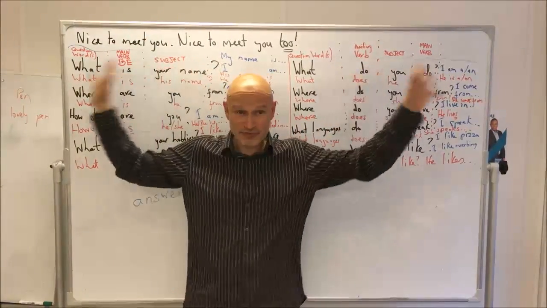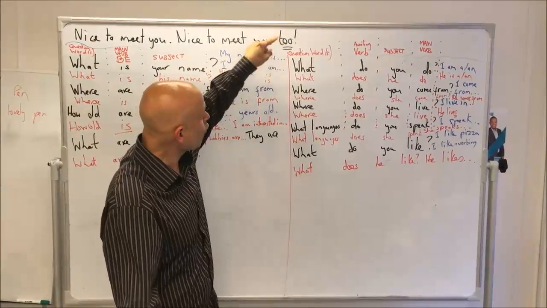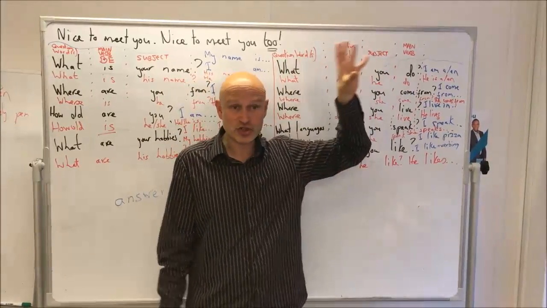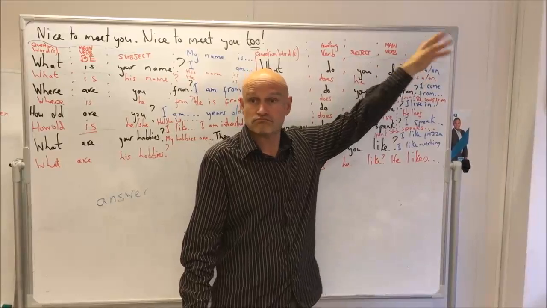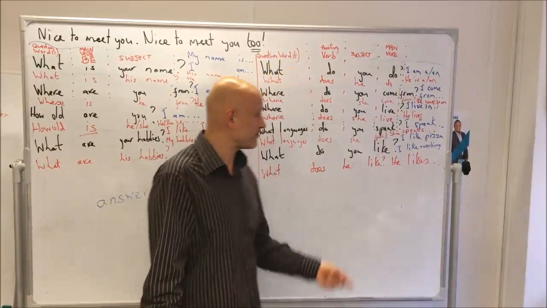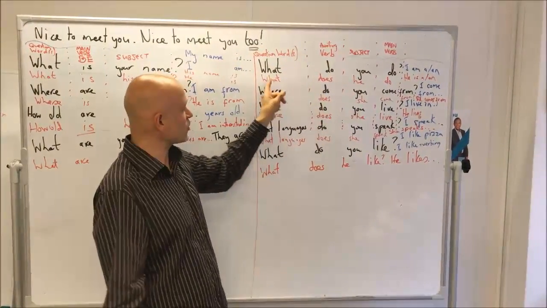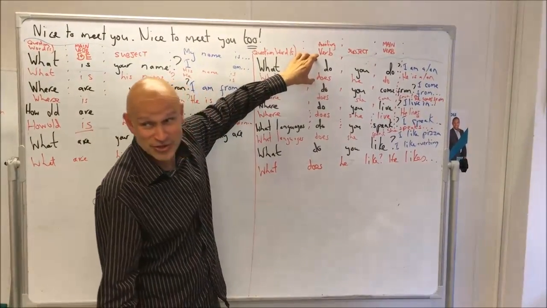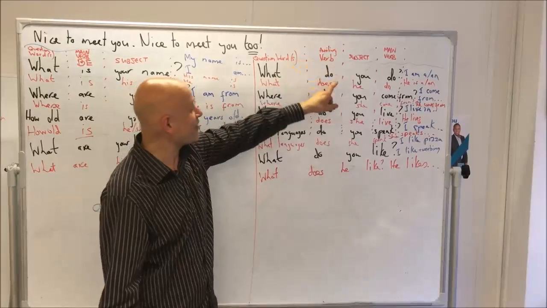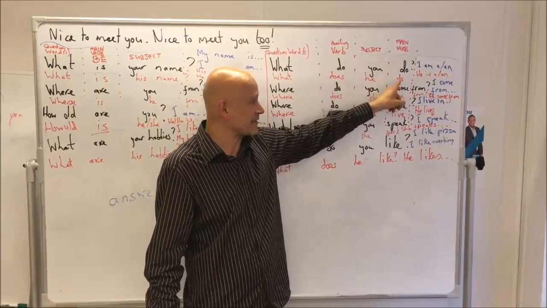Remember, all of this is present simple. What do you do? That's the job question. I am a teacher. I am an architect, whatever. And then the third person question, what does he do? It's the auxiliary verb that changes, okay? And then the main verb stays the same.